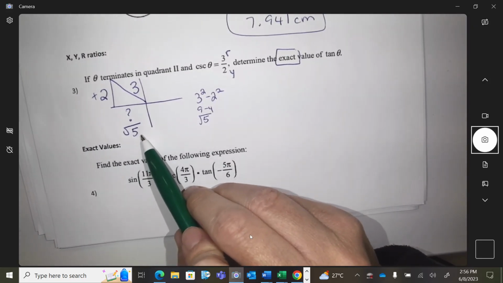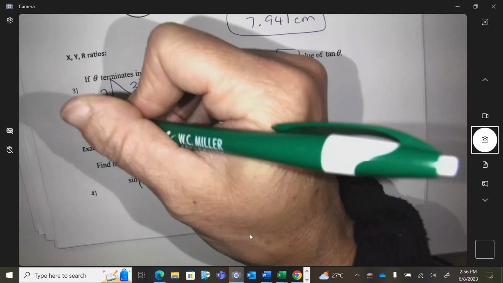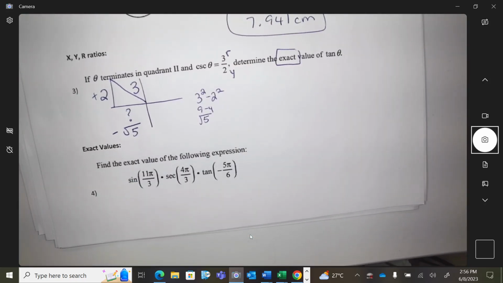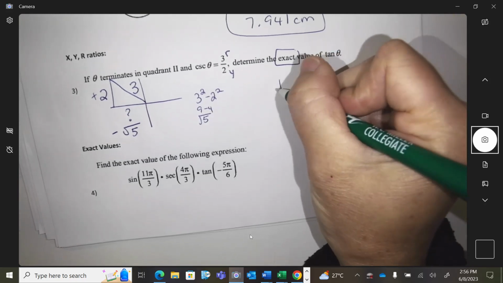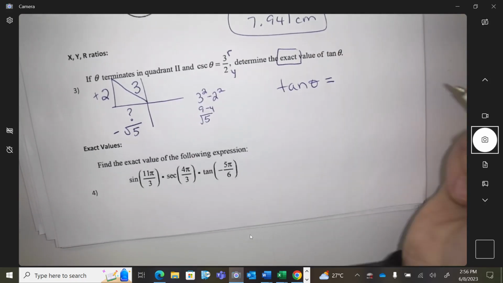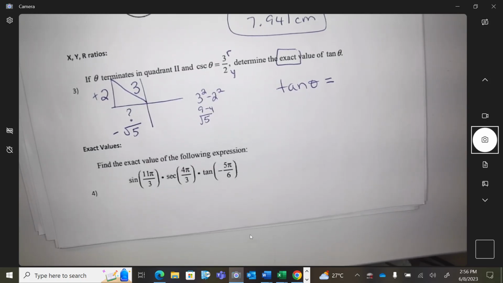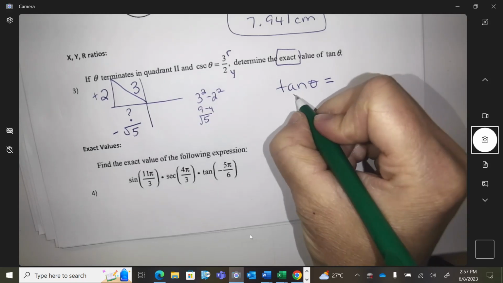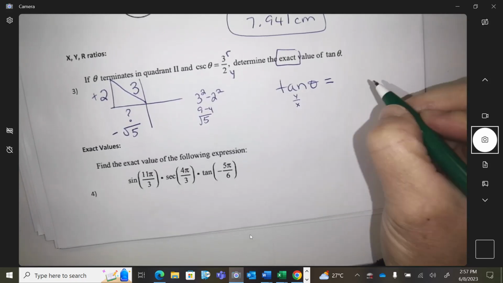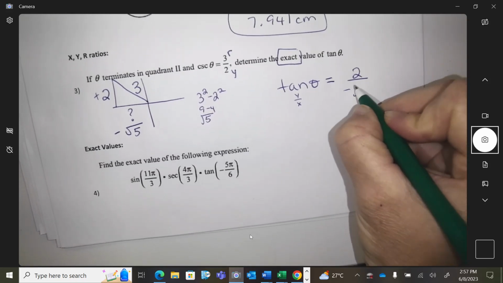Root 5 is an x. It is negative because of its location, right? Do you see it? Quadrant 2 is negative positive. So tan theta equals formula sheet. What letter divided by what letter on the formula sheet? Y over x.